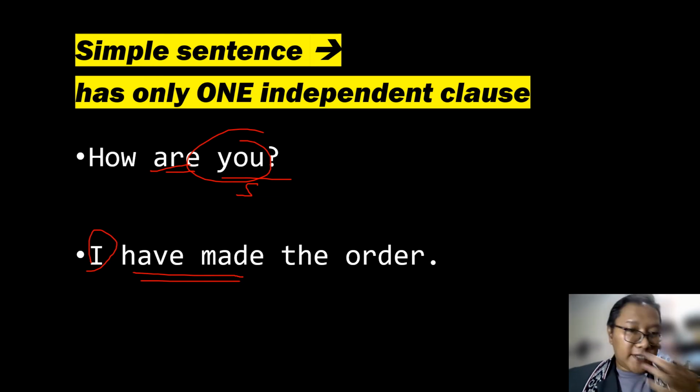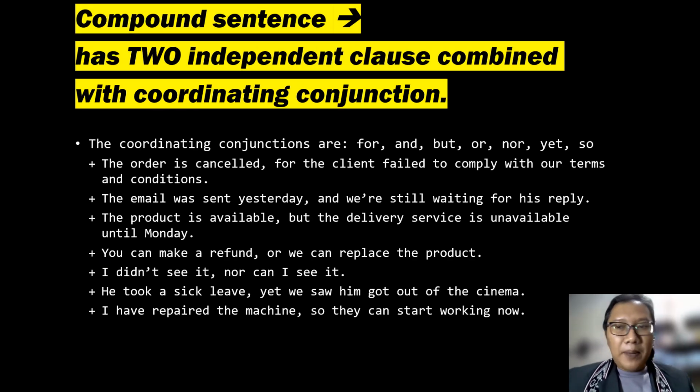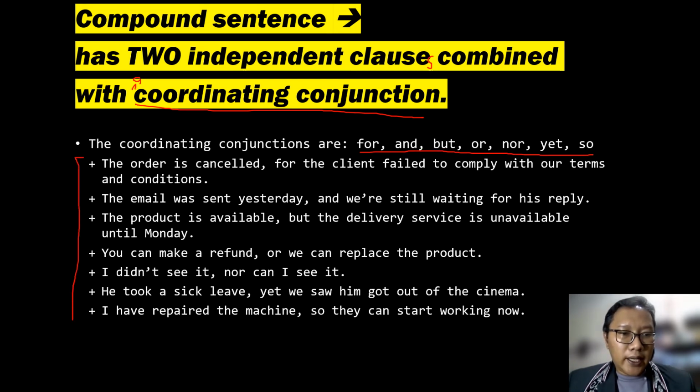The second type of sentence is the compound sentence. A compound sentence has two independent clauses combined with a coordinating conjunction. There are 7 coordinating conjunctions here, and you can take a look at the example there.